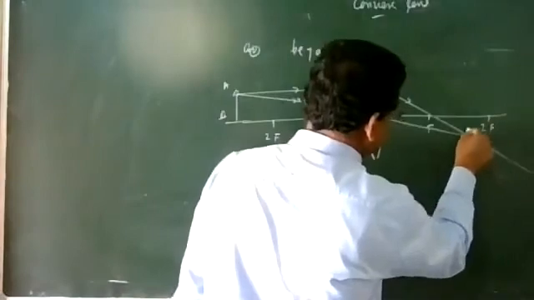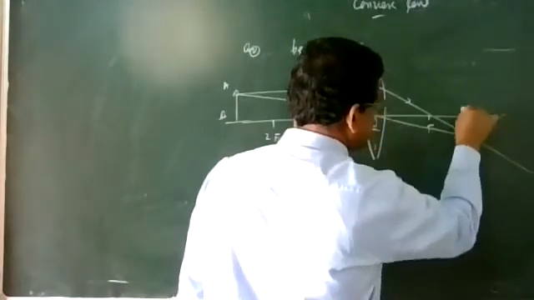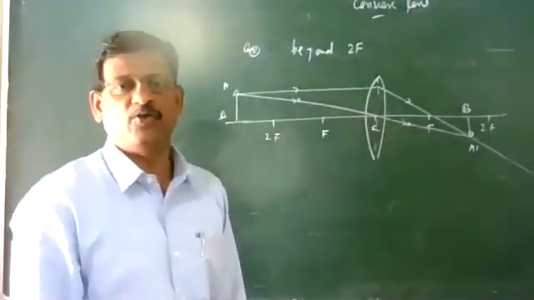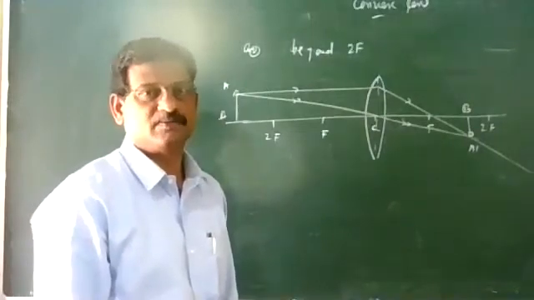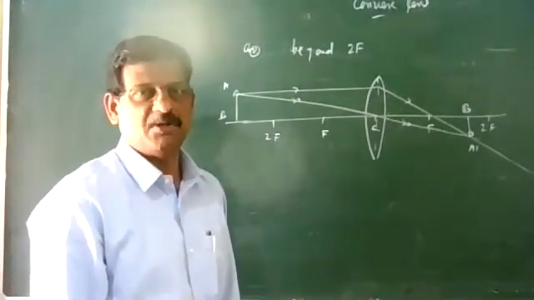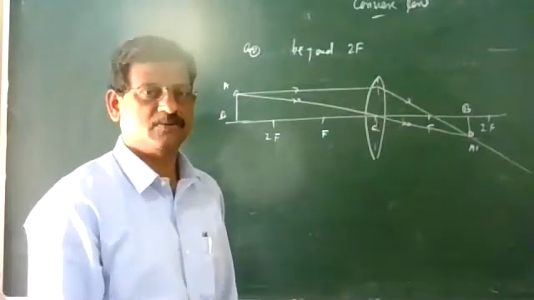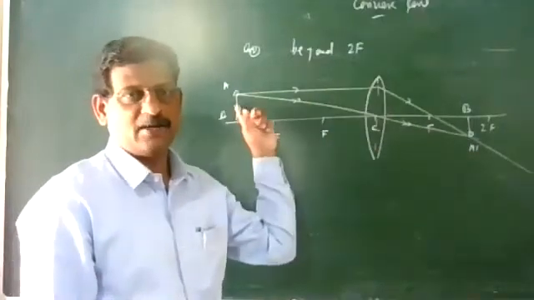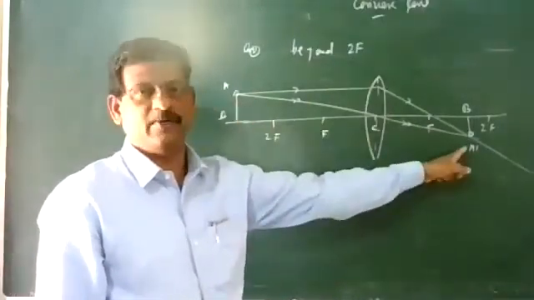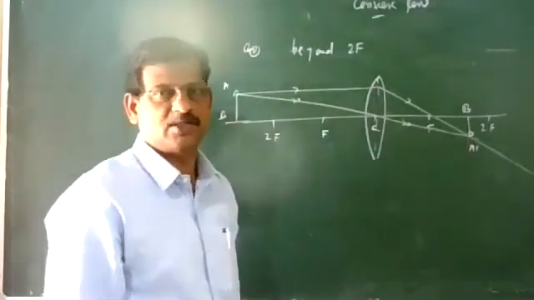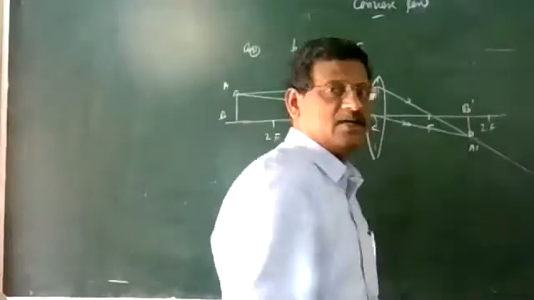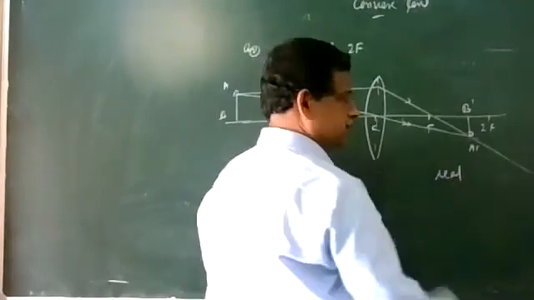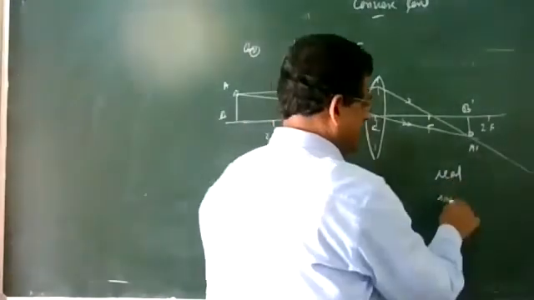Meeting the first ray at this point, we are getting a real, inverted image between F and 2F on the other side. Real image, but the size is diminished, not very diminished. So here it is an inverted, diminished, real image, as the rays are actually meeting.